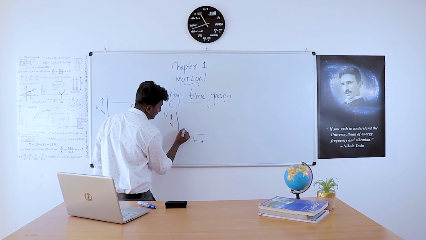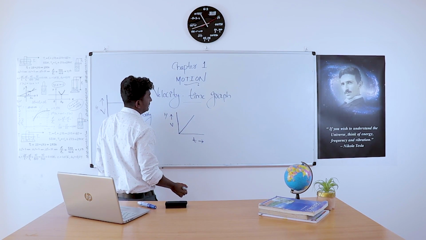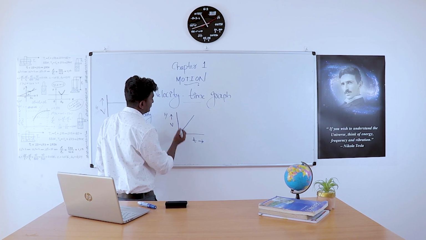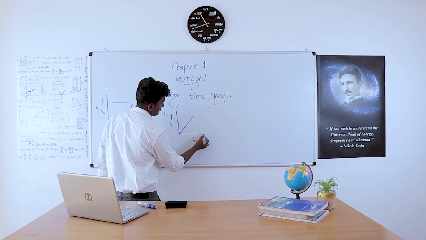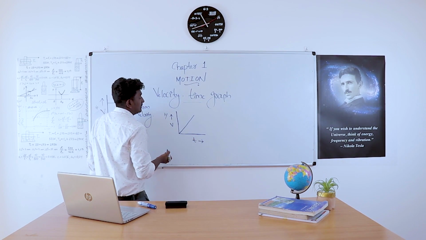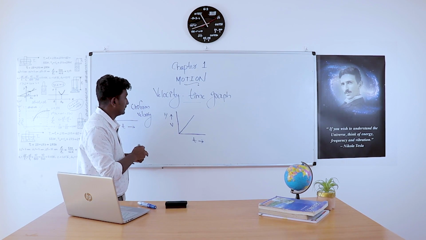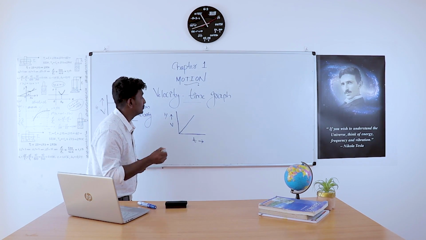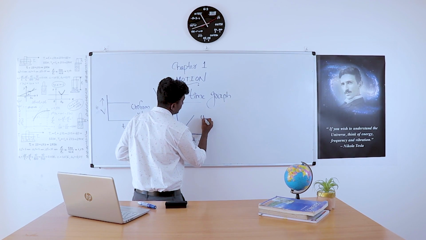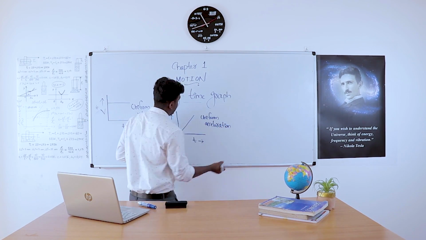If we get a straight line like this, then the nature of the graph is the object is moving with uniform acceleration.